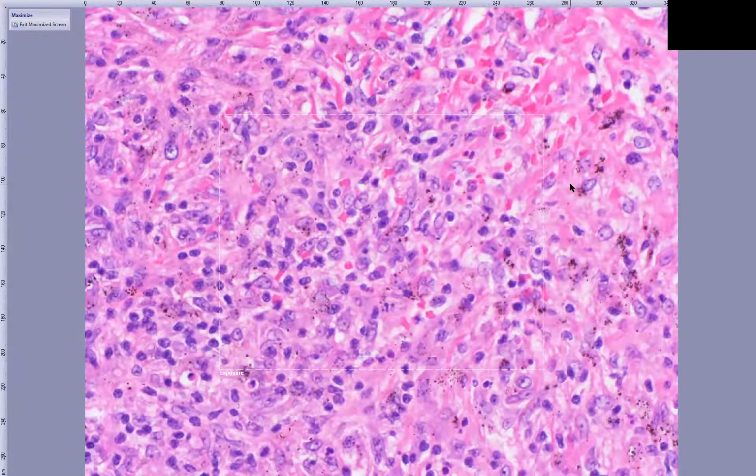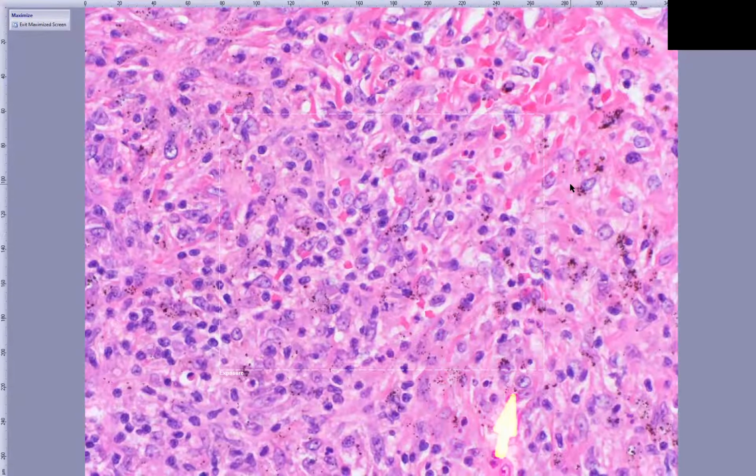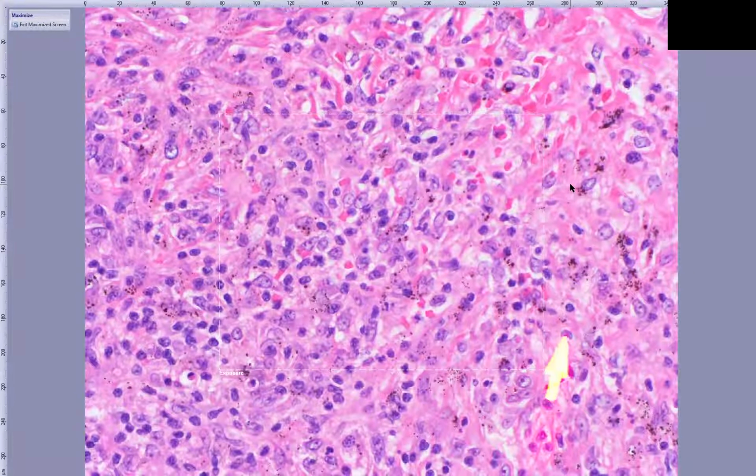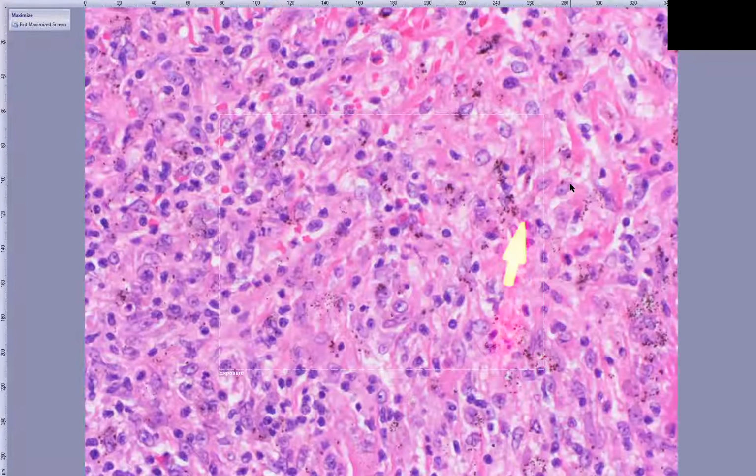So there are lymphocytes, there's some plasma cells, but there are these epithelioid histiocytes. And you see them throughout in the background with ample eosinophilic cytoplasm. And there are also these brown pigmented granules.